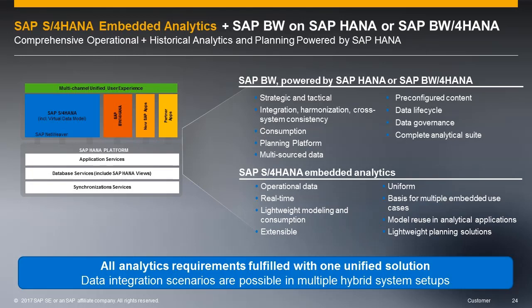BW for HANA is truly an enterprise data warehouse. This is where your data is governed, right? This is where you have all your business logic set up to transform that data. And yes, they can be used in conjunction with each other. So you can still be with BW for HANA and dive into S/4HANA to create some analytics. But the point I'm making is they are entirely independent of one another. They are entirely different products that have different capabilities. That's all I'll say about that.